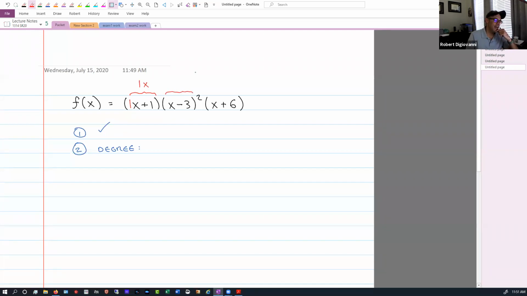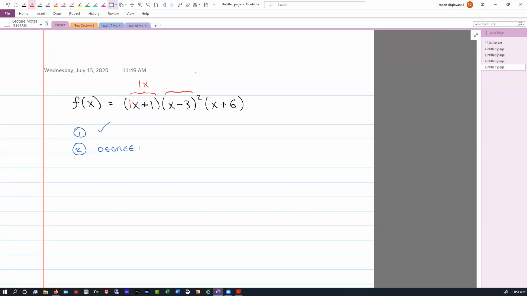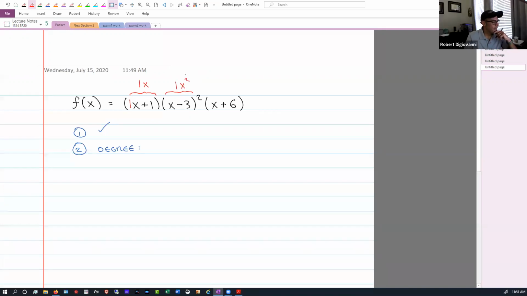If that 3 wasn't there, that would really be like a 1x, right? But what about squaring it? What would that do to it? Yeah, it would just look like a 1x squared. And then what about this last one? If the 6 wasn't there, that would again look like a 1x.